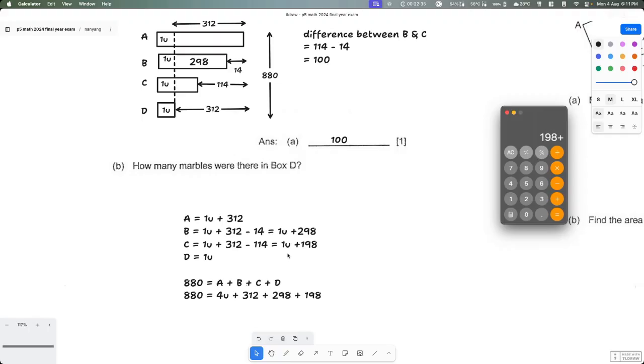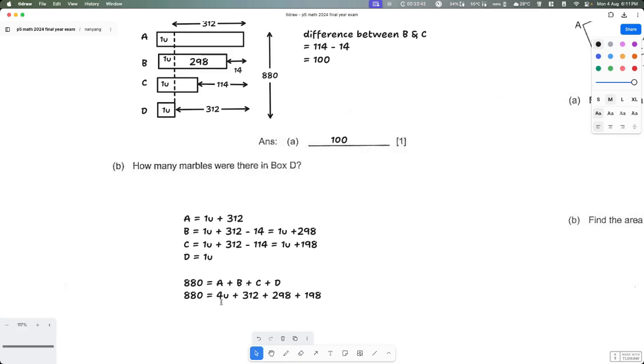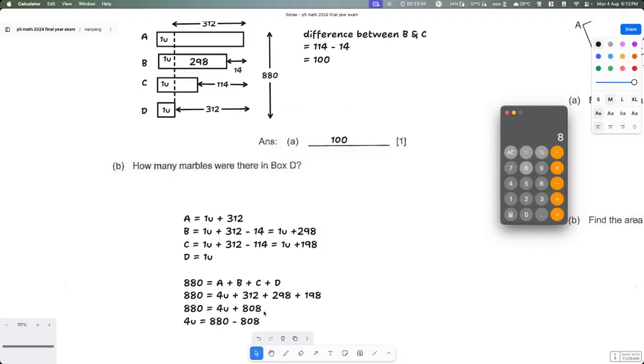So 198 plus 298 plus 312 gives us 808. So 880 is equal to 4 units plus 808, and 4 units equal 880 minus 808, which gives us 72.